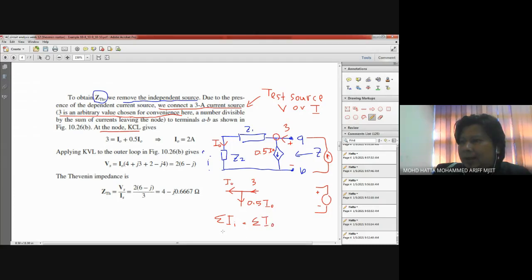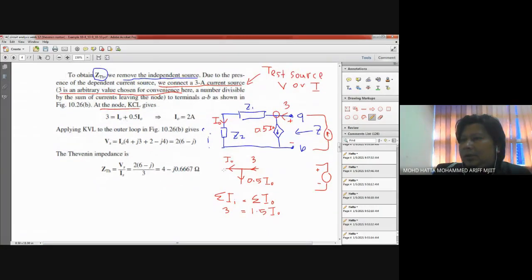I can say that I in is 3 equals I out, which is 1.5 I naught, coming from I naught plus 0.5 I naught. Here, you can easily come up with the value of I naught because there is only one unknown parameter in the equation. So I naught is given by 2 ampere.